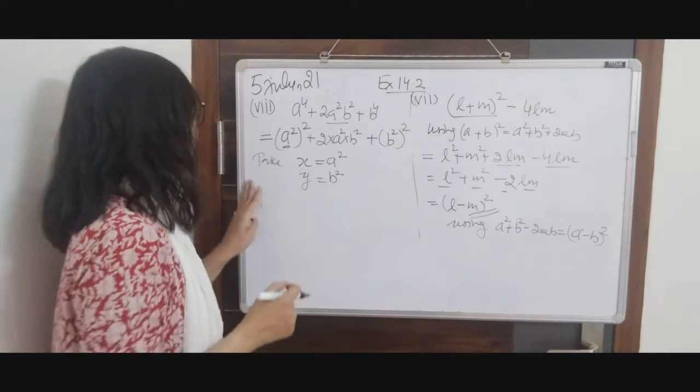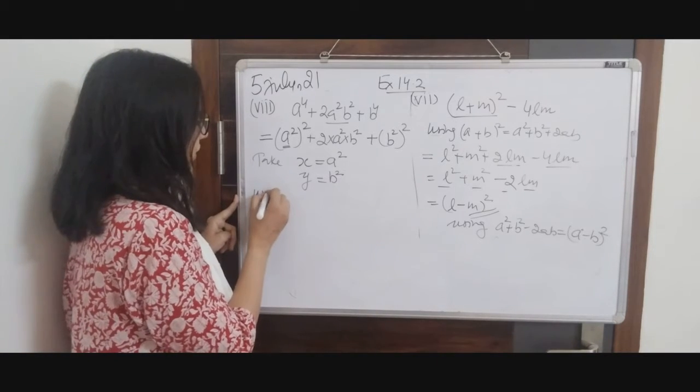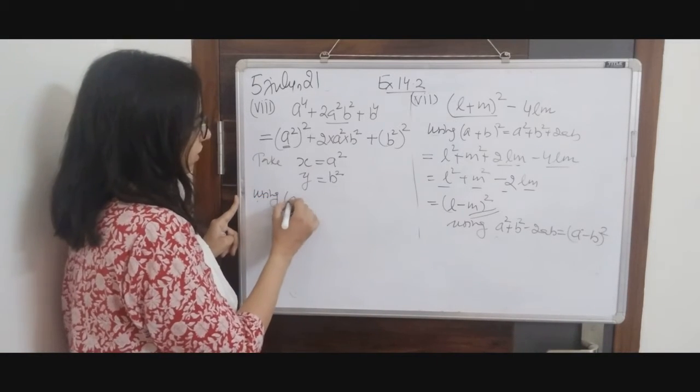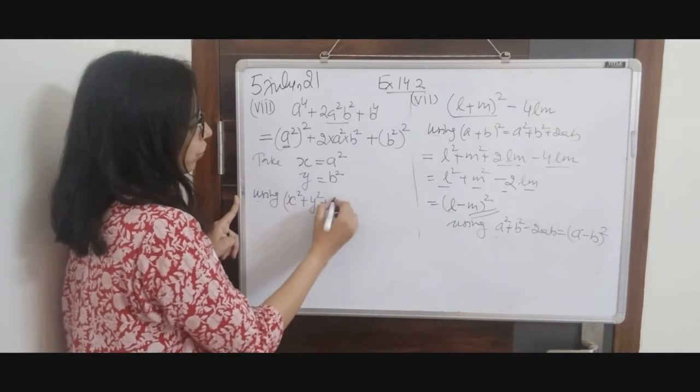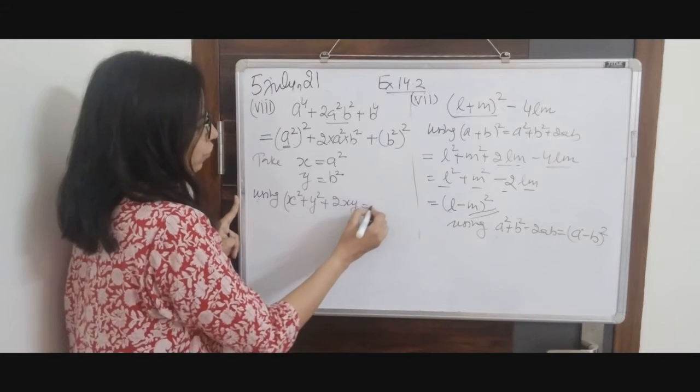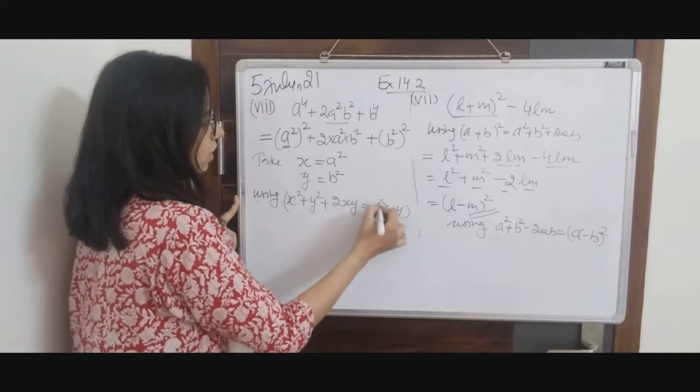take this and using identity x² plus y² plus 2xy, because it is 2, we are going to use the first identity, which will be equal to (x plus y) ka whole square.